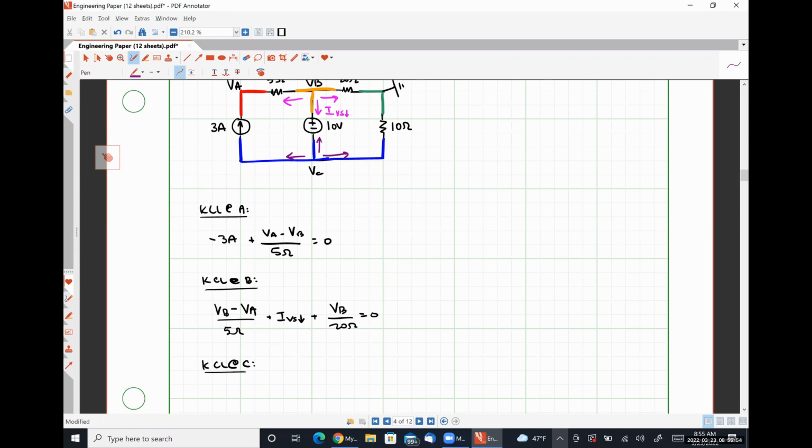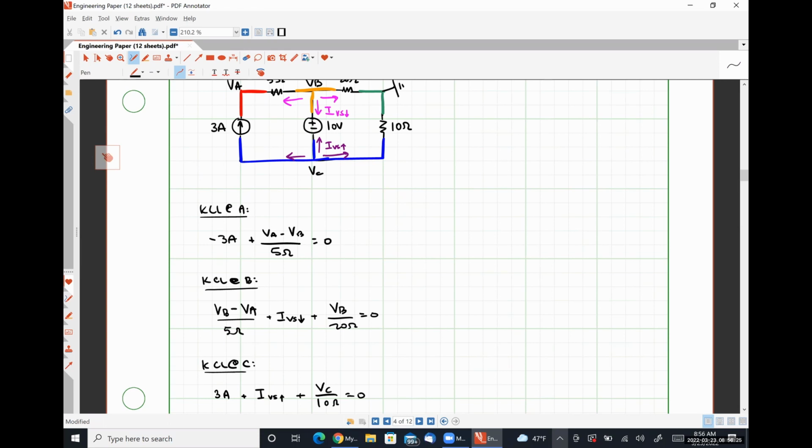And then this current flowing up, which I'm going to call IVS up because I have no way to express it in terms of my nodal voltages. Okay. That's going to look like 3 amps plus IVS up plus VC over 10 ohms is equal to 0. Okay.